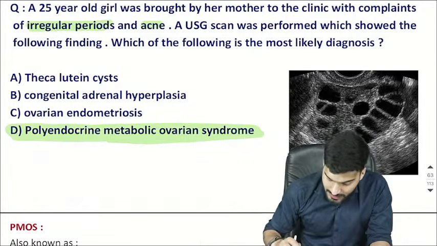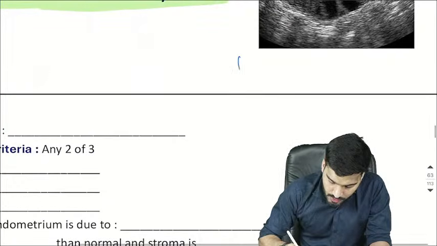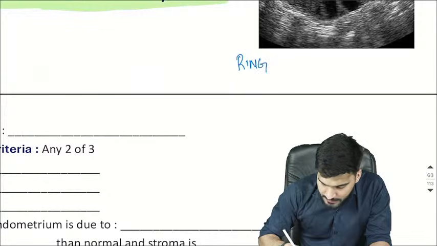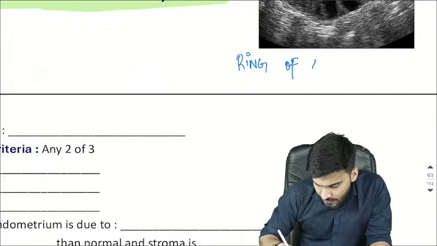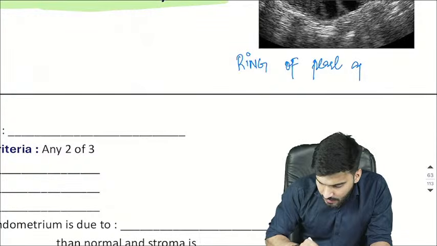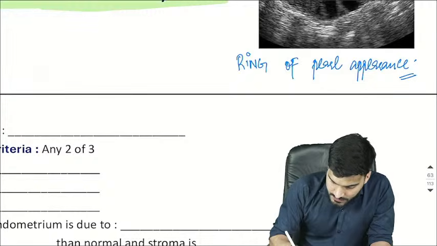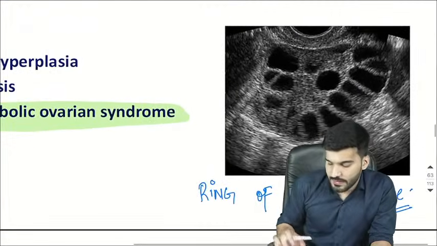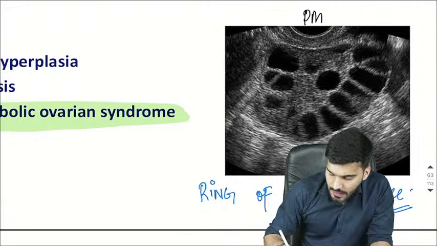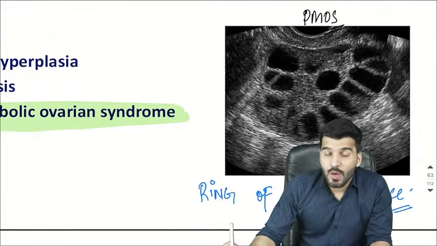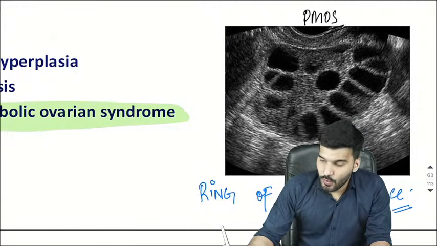This sign is called the string of pearls or ring of pearl appearance. This ring of pearl appearance is seen in PMOS, the polyendocrine metabolic ovarian syndrome.